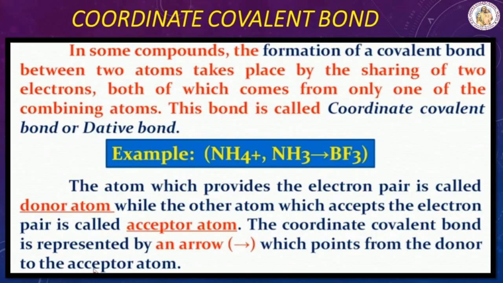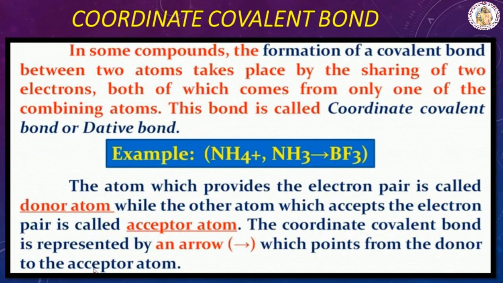Now we'll move to the coordinate covalent bond. In some compounds, the formation of a covalent bond between two atoms takes place by the sharing of two electrons, both of which come from only one of the combining atoms. This bond is called coordinate covalent bond or also called dative bond.